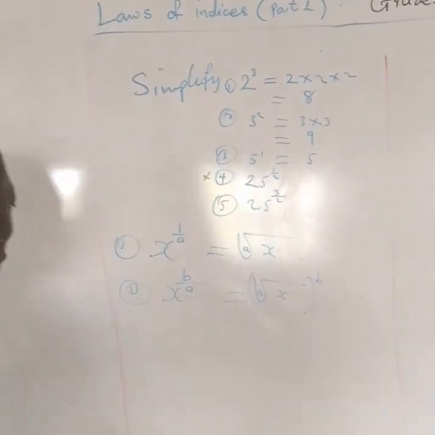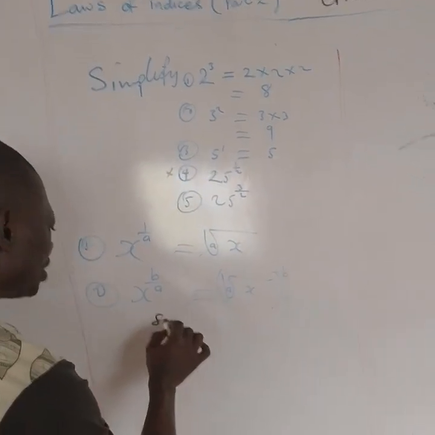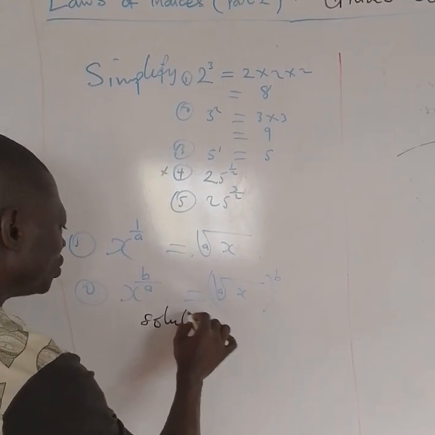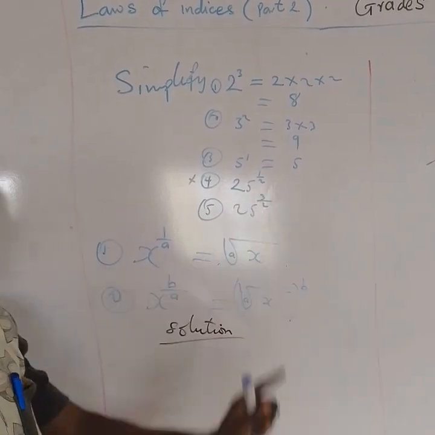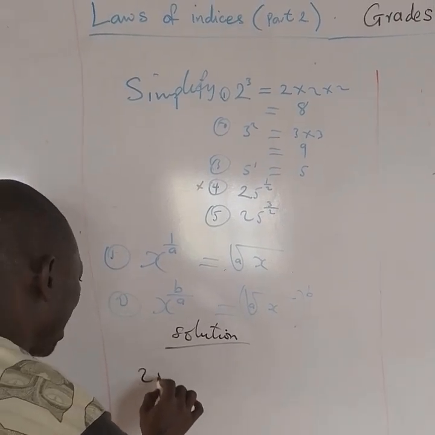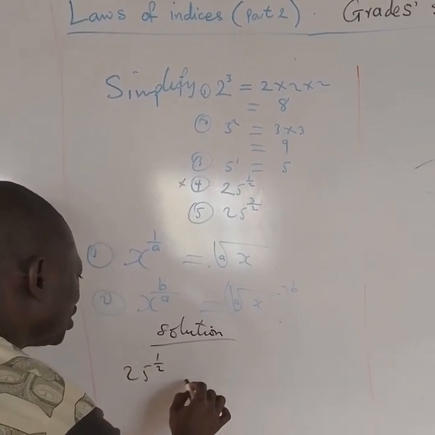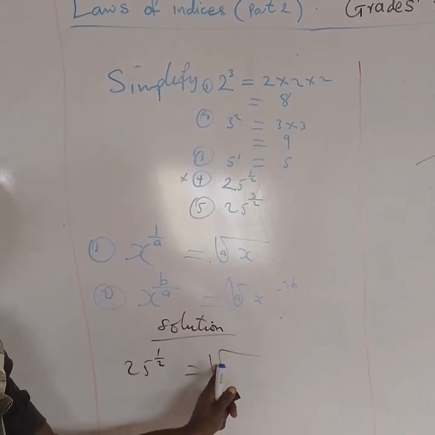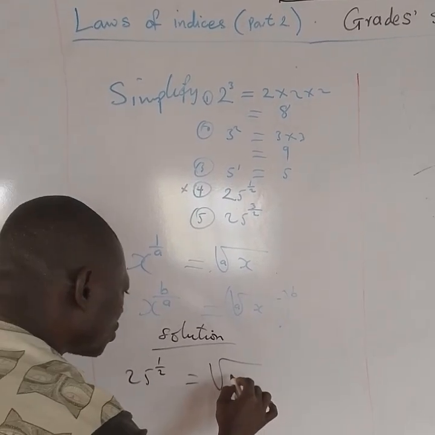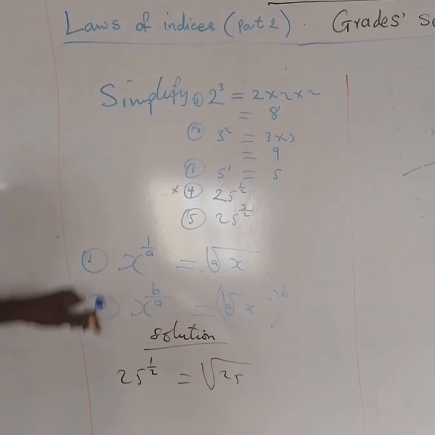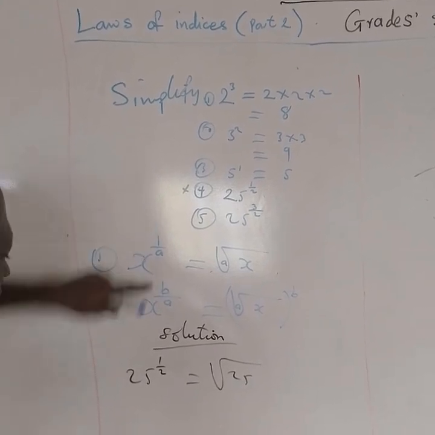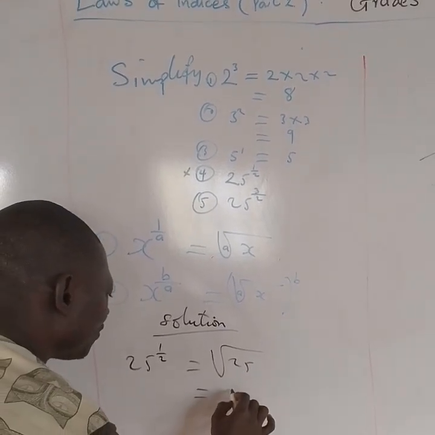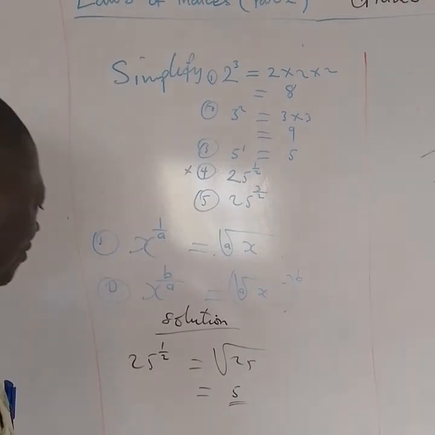In the solution, we are going to solve 25 raised to power half by saying 25 raised to power half is equal to the square root of 25. The 2 is there but it's not often written, which resembles law number 1. And so the square root of 25 is 5.